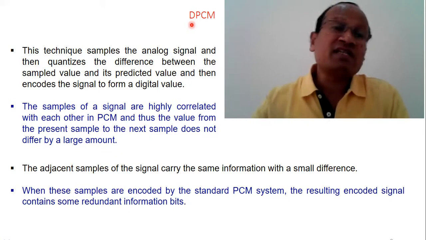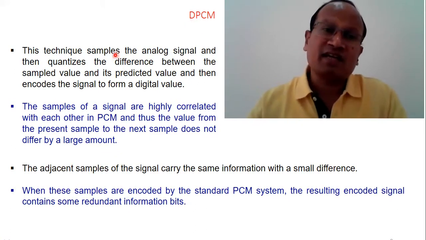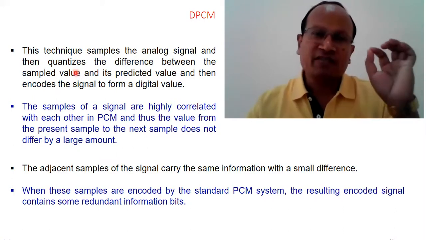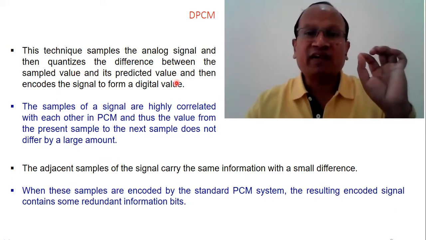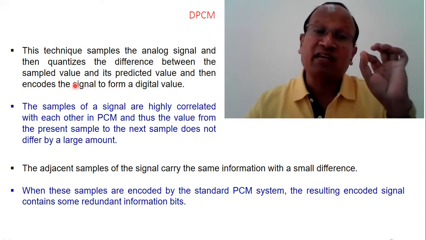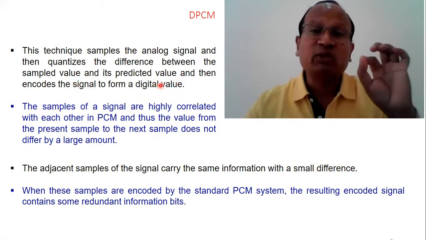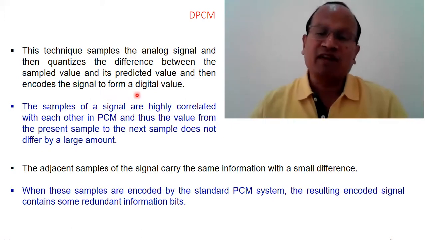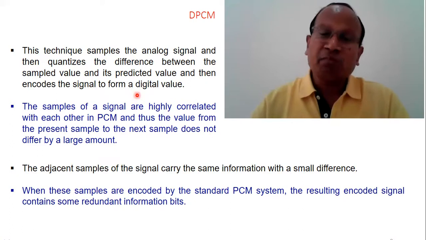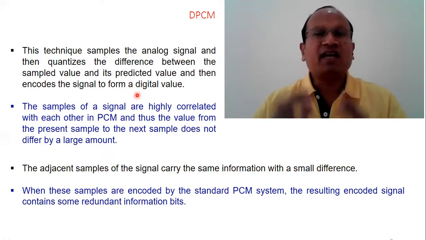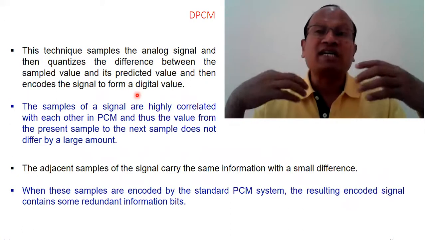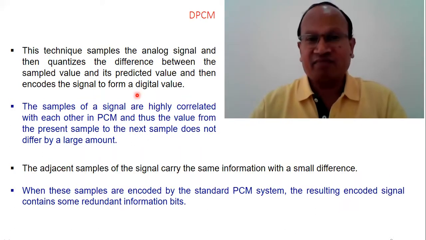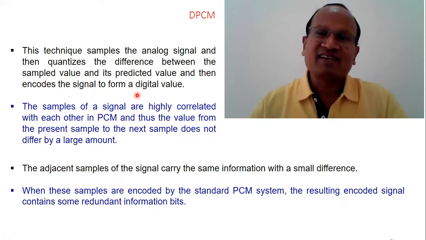This technique samples the analog signal and then quantizes the difference between the sampled value and the predicted value, and then encodes the signal to form a digital value. What is the difference? In PCM, you have seen that all the sampled pulses are quantized, and then the quantized output is encoded.